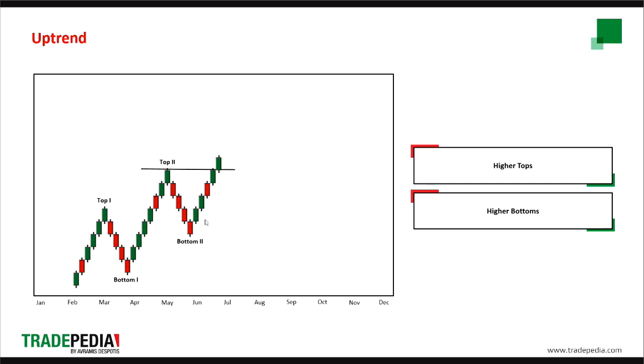As long as I have tops, each top higher than the previous top, and as long as I have a sequence of bottoms, each bottom higher than the previous bottom, this uptrend is intact, and I assume that it will continue to go up forever. So what can we expect from prices to do here? I expect the prices to break this top and print a higher top.